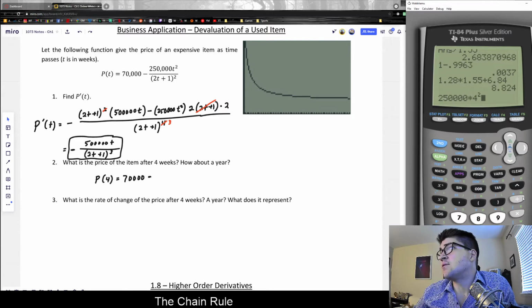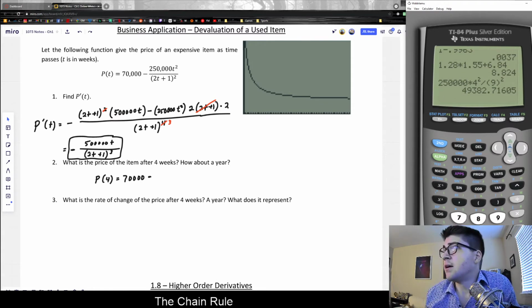And that would all be divided by 2t plus 1 squared, which would be 9 squared. And so that would leave me with $449,382.72.